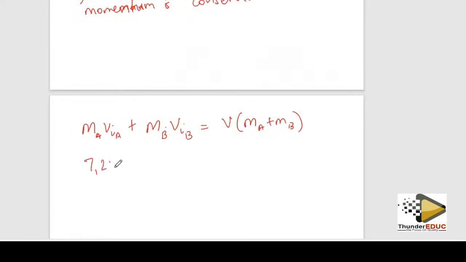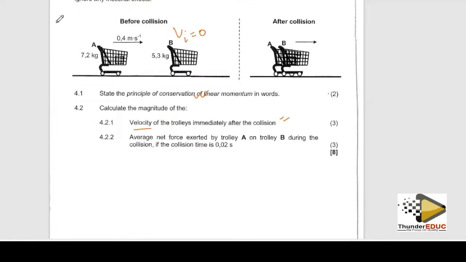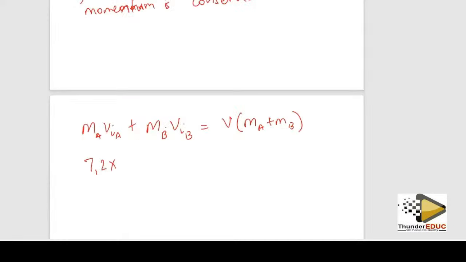This is 7.2 times the initial velocity, we're told, is 0.4. Plus, we know that the mass is 5.3 there, times the velocity 0 is equal to V into 7.2 plus 5.3. So we know that 7.2 times 0.4 is going to give us 2.88.